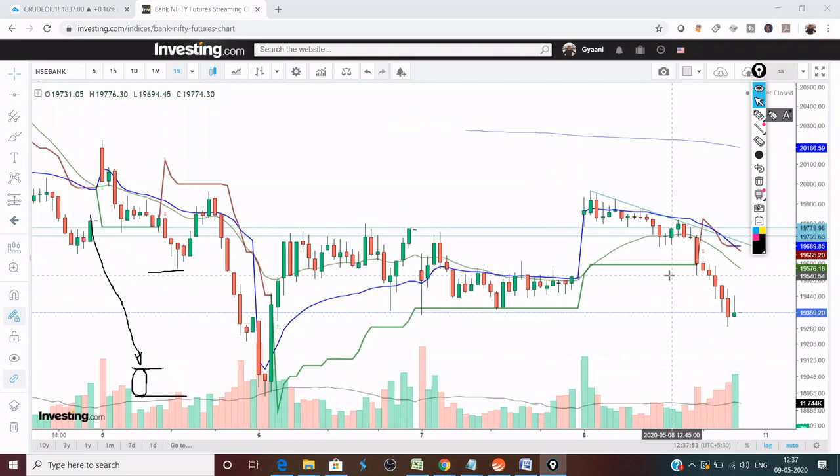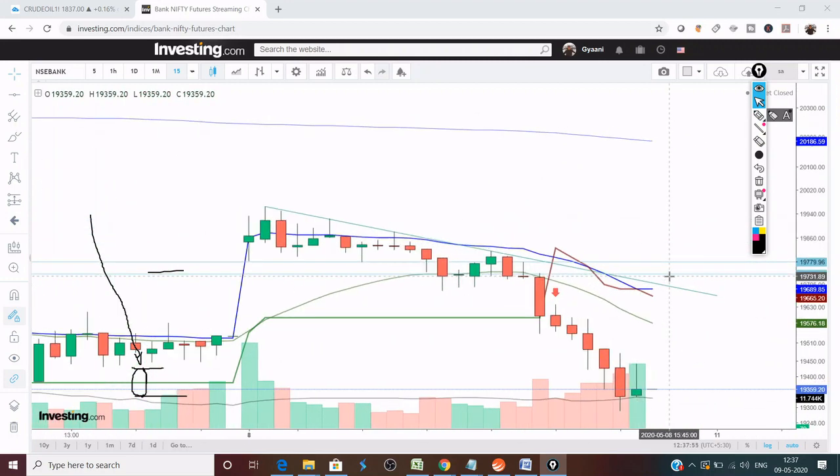Like for example, this is on a 15-minute time frame. Okay, so this is a 20 period moving average, and this is way away from the 20 period moving average. It also gave a confirmation that this is a reversal bar on a VWAP.